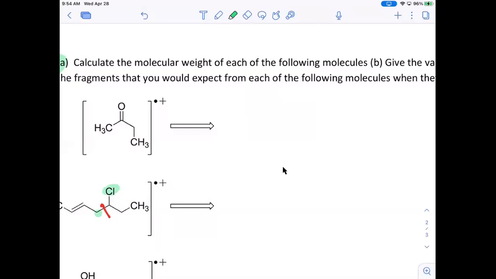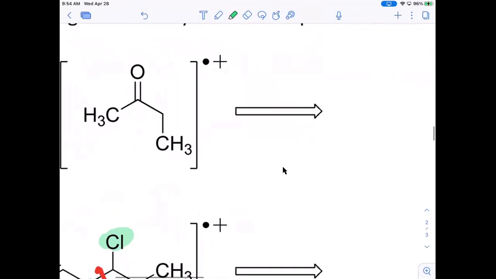What did you get for the first one? How many fragments? 2 fragments. And are you able to annotate the screen? Where'd you cut it? Yes, I can annotate it. Show me where you cut it for the first. Okay, good, excellent.